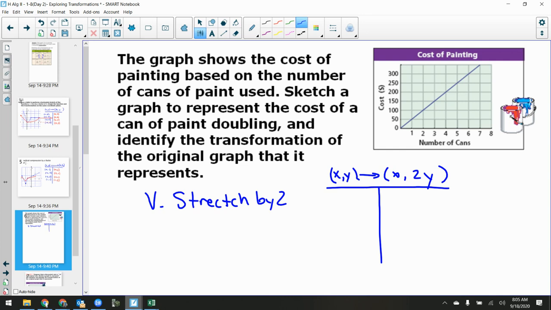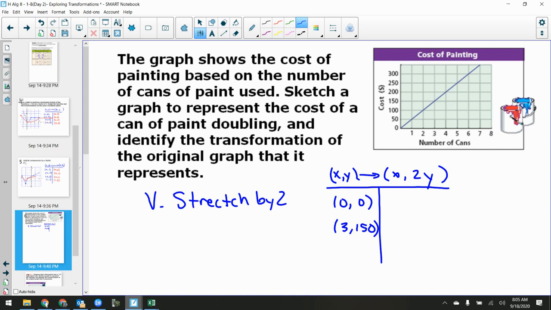So let's pick off a couple points. I think the easiest point to pick off is 0, 0. And let's just pick off one more. It's just a line, right? So let's say 3, 150. We only need 2 because it's just a line.